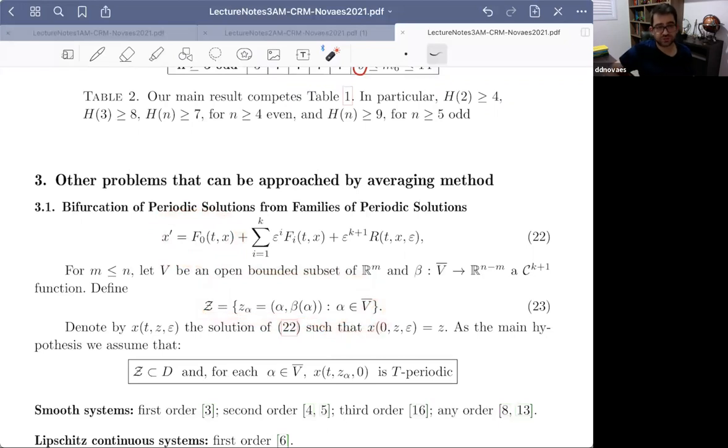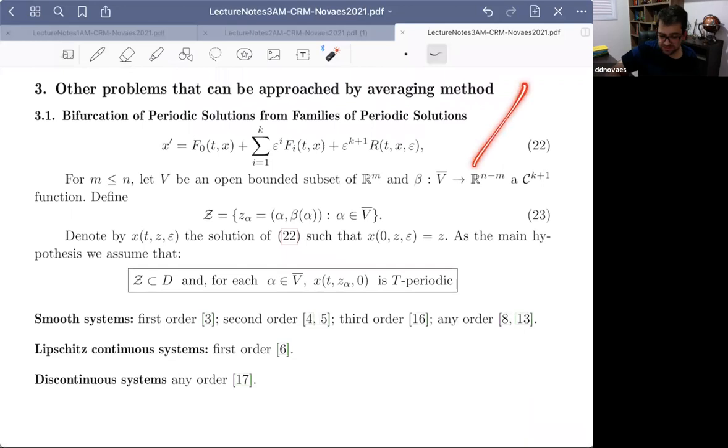The question is the same: what are the conditions on the perturbations in order that some of the periodic solutions of the unperturbed system persist as periodic solutions for epsilon distinct from 0?